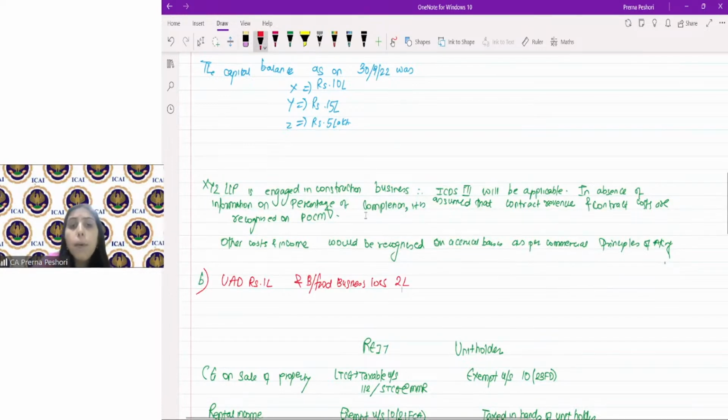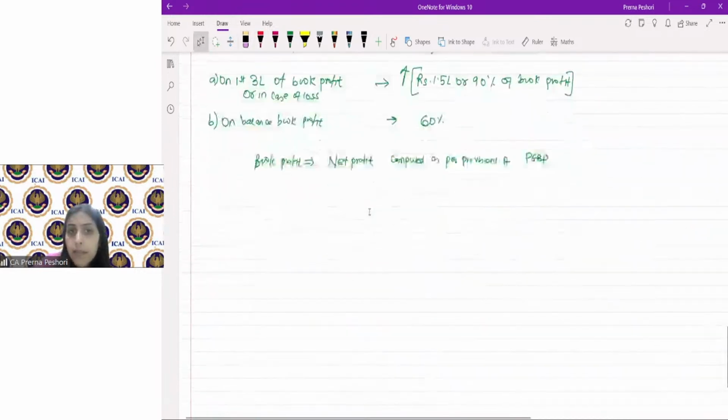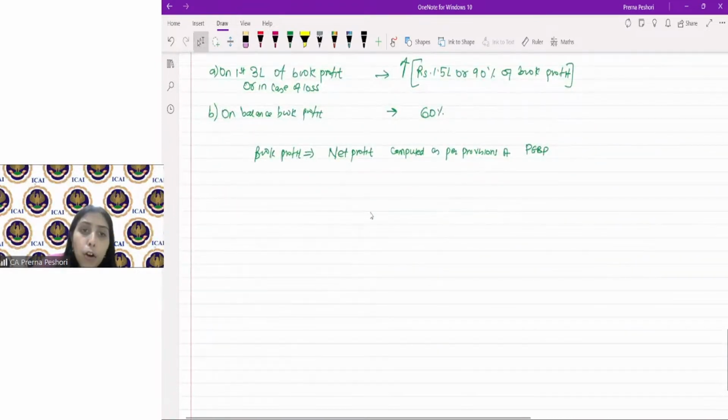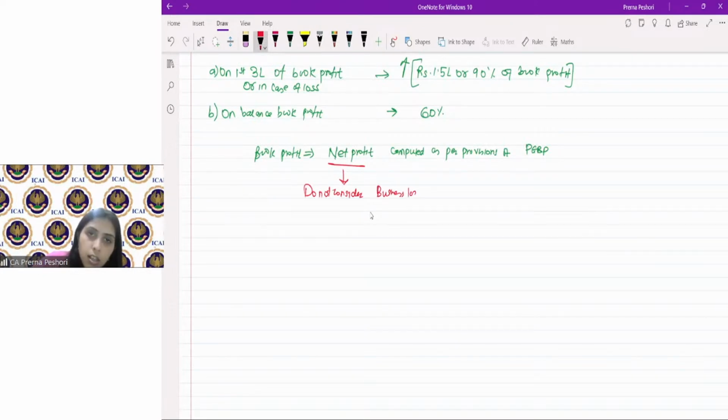So here, for the purpose of the book profit, I will not consider business loss. Right? I will not consider the income chargeable under other heads. So that will also not be considered.